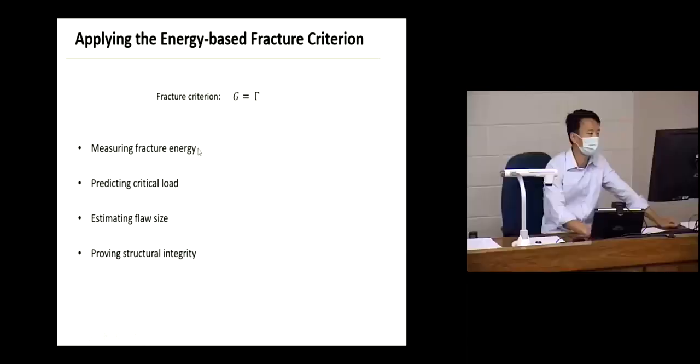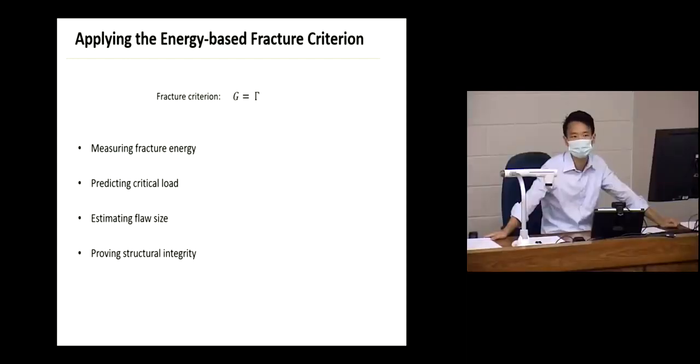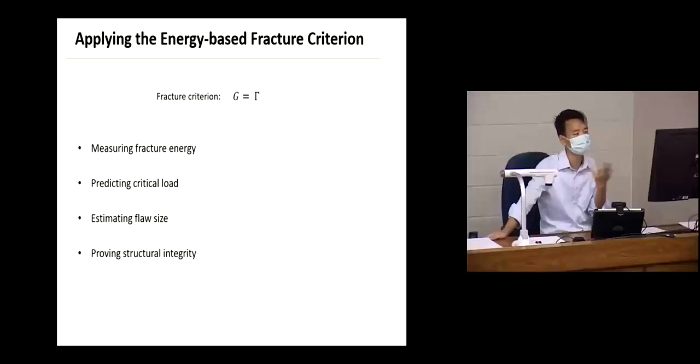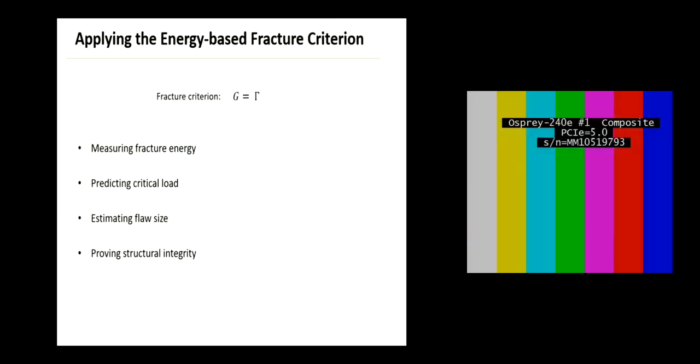But then I may have a choice of alloy, and I have a choice of composite, right, to make an airplane. So which one should I use? Obviously, I want to use composite because it's more lightweight, but is it going to have enough fracture energy, right? So you can go and measure the alloy, and go measure the composite. Okay, then you have two fracture energies, and then you compare them.